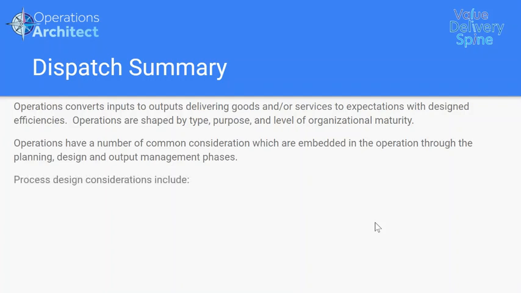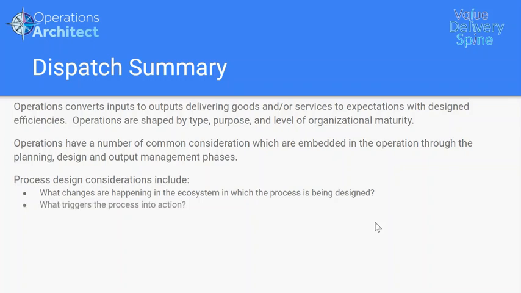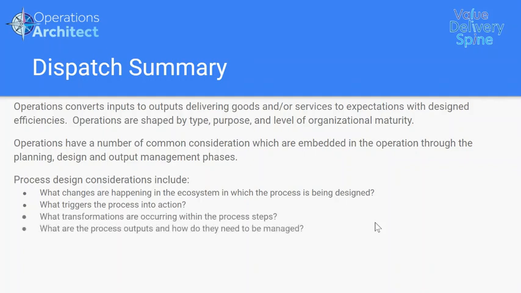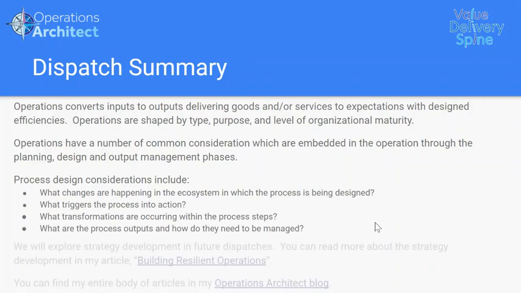Some of the big things in design are what changes have occurred in your ecosystem that you need to consider or are coming that you need to consider. What triggers the process into action and how do you design for that? What transformations are occurring in the process? And then finally, what outputs are coming out of that process and how do they need to be managed?